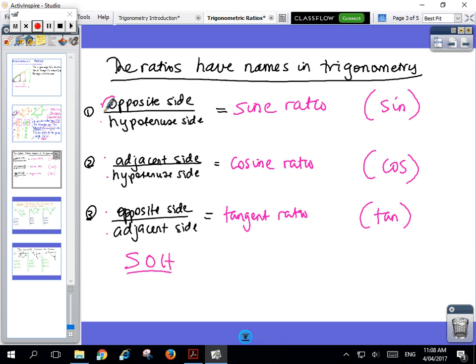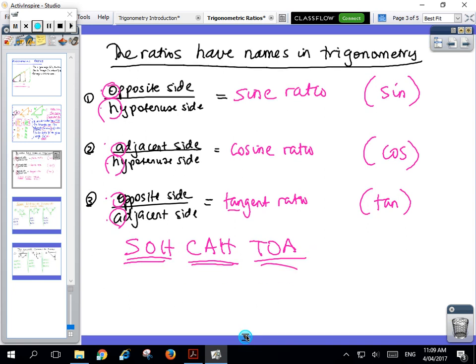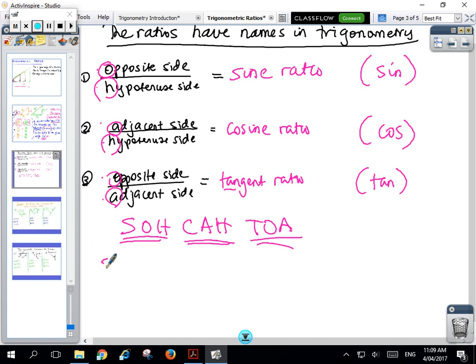Sine is opposite over hypotenuse, cos is adjacent over hypotenuse, and tan is opposite over adjacent. Okay, so some people just learn it as SOH CAH TOA, or you can learn it like a little mnemonic: some old hobos can't always hide their old age.